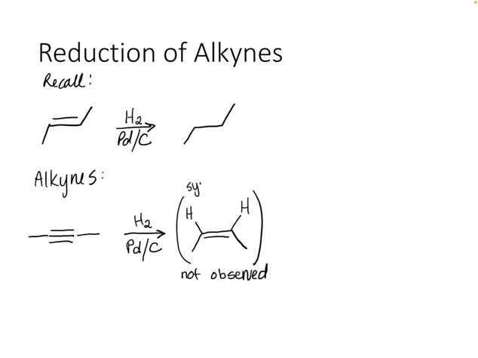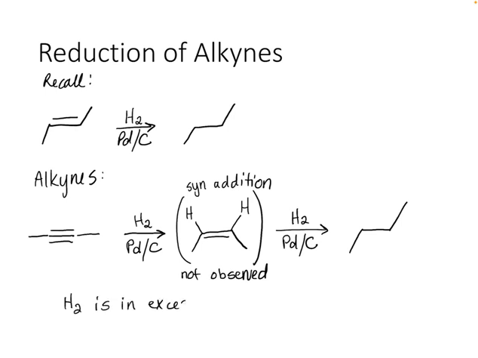And then I'll write syn addition up above just so we remember why we get the cis form. So in reality, we don't see that intermediate. We actually go straight to the product, which is the alkane. So again, hydrogen is in excess.